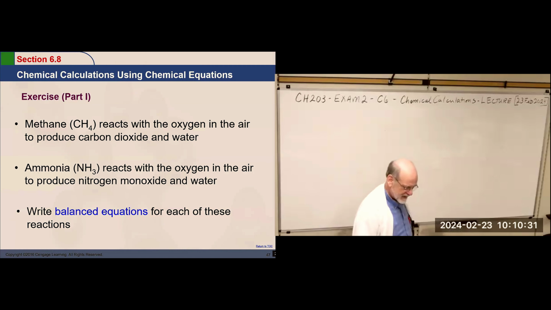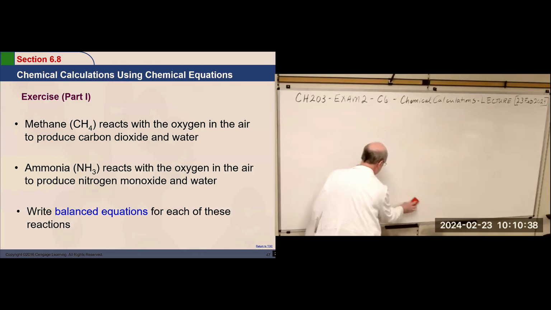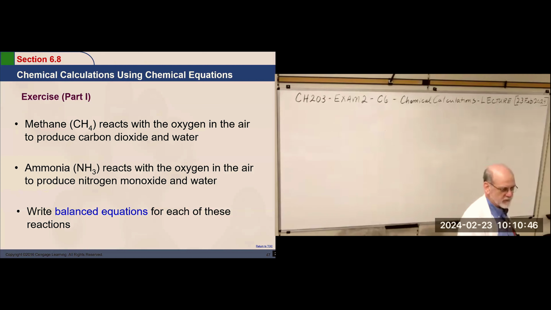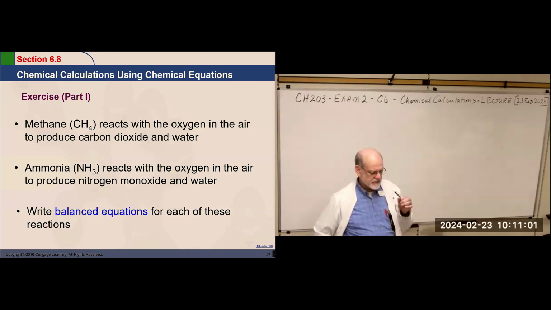All right, this exercise is a little complicated, so I'm going to try to make it really simple. Break it down into steps. Remember, complex problems can be solved, but sometimes you have to break them down into simpler steps. And then once you get answers to the steps, bring them back together. That's what we're going to do here. Okay. The exercise says methane reacts with oxygen in air to produce carbon dioxide and water.